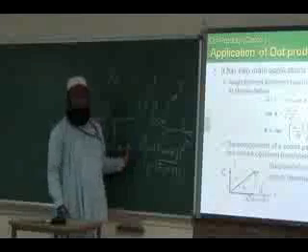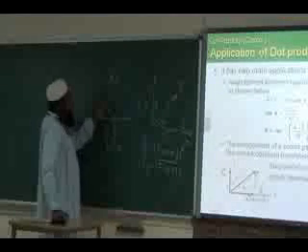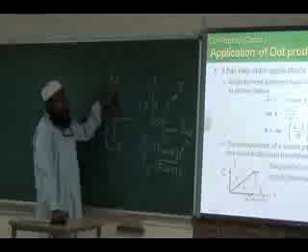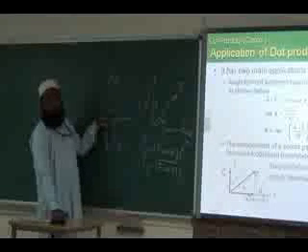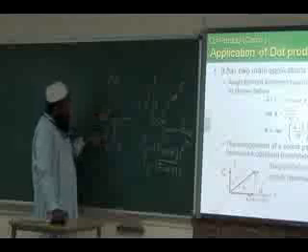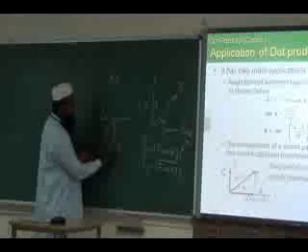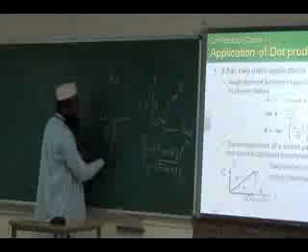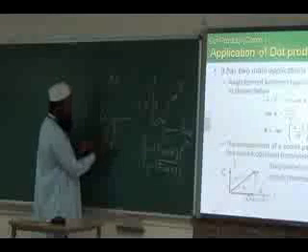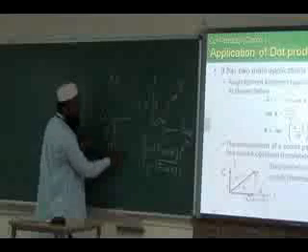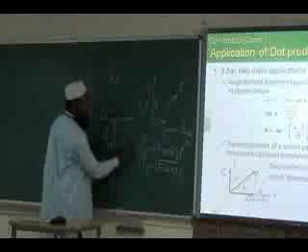Are you listening? So if we apply the same dot product concept between vector A and unit vector, A dot U will be equal to A times 1 times cos theta. A is the scalar magnitude of vector A and 1 is the magnitude of unit vector, times cos theta.